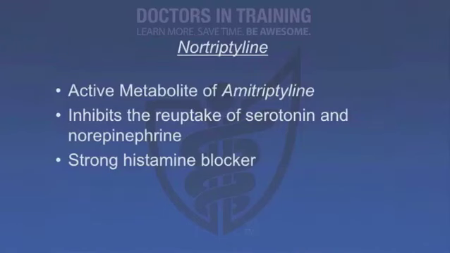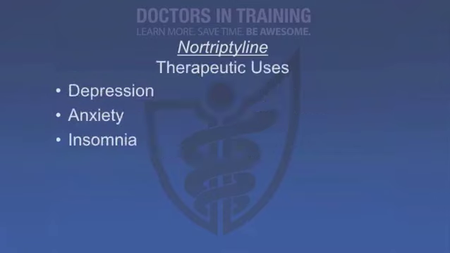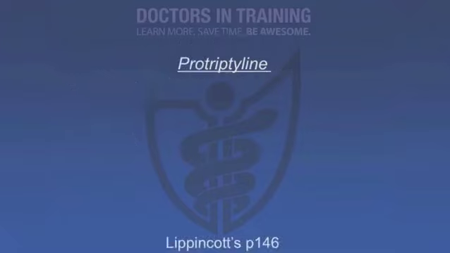Nortriptyline is the active metabolite of amitriptyline. It inhibits the reuptake of serotonin, norepinephrine, and to a lesser extent is a strong histamine blocker, which leads to sedation. It's primarily used in depression, but can also be used in anxiety and insomnia. Protriptyline decreases the reuptake of norepinephrine and serotonin as well.